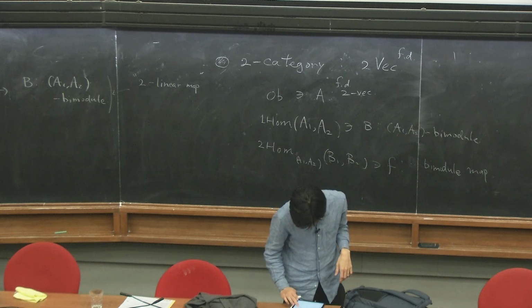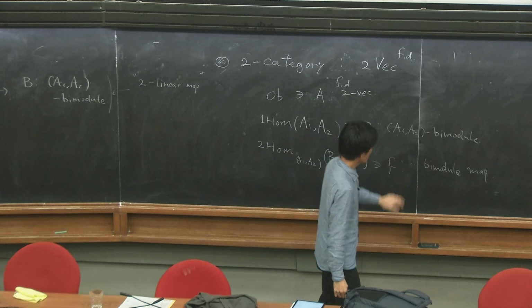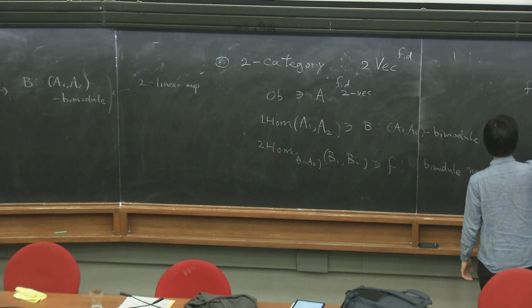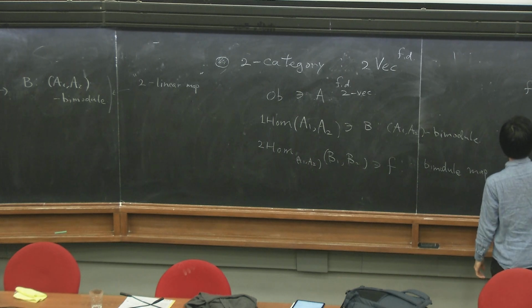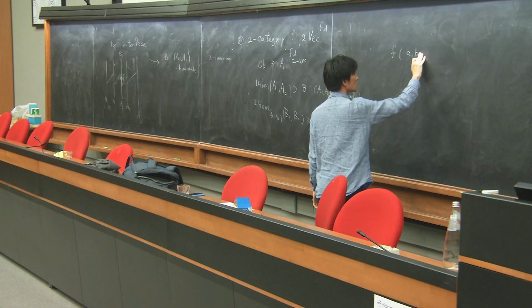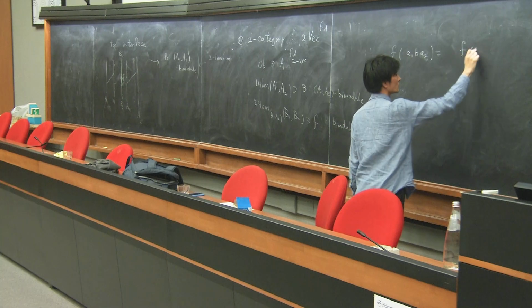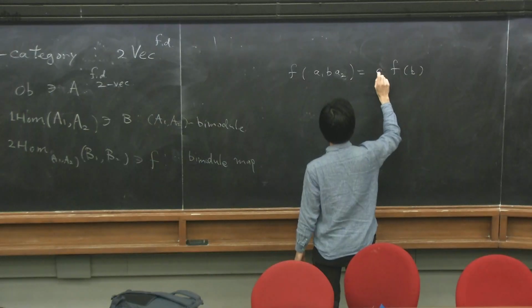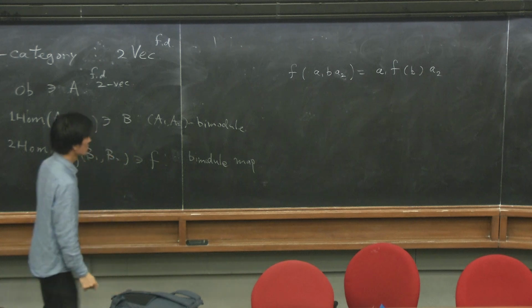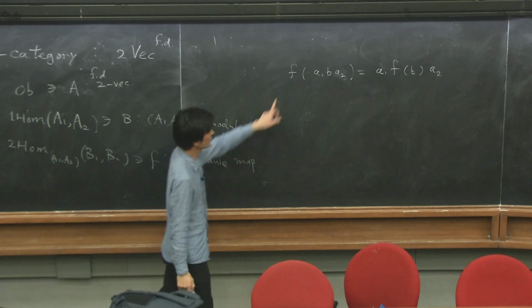Well, the bimodule map condition is specifically like this, for a linear map F to be a bimodule map.